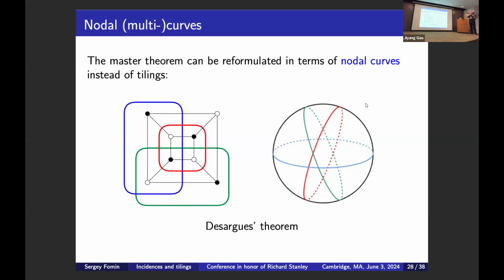So Pasch's theorem, for example, comes from the cube, and the cube corresponds to three closed curves on the sphere, which we recognize as simply three great circles, the intersections of the coordinate planes with the sphere. So that's what the theorem corresponds to in this language, which is just cryptomorphic to the language of tilings.